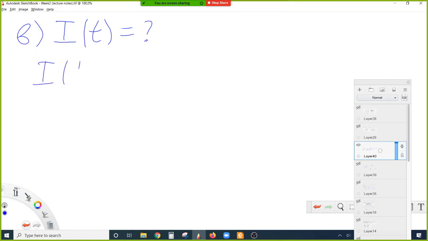So I of time will be equal to, well, electromotive force doesn't change with time, because the trains are moving at constant speed. However, the resistance of our system will change with time, because the so-called active length of rails is reducing with time.